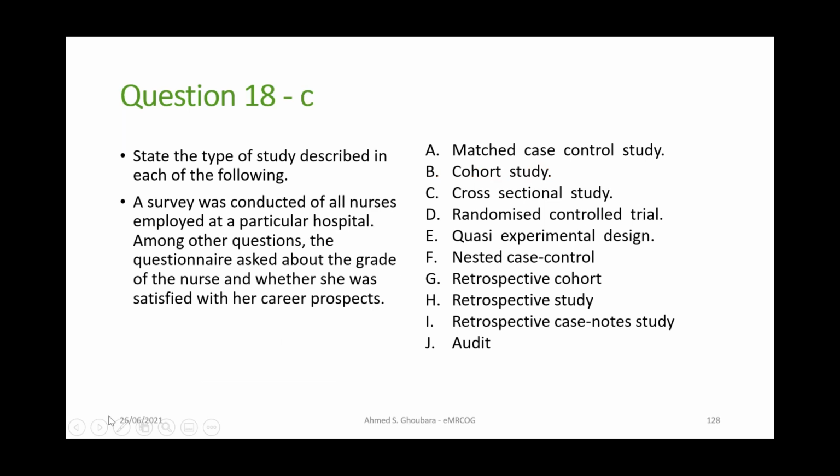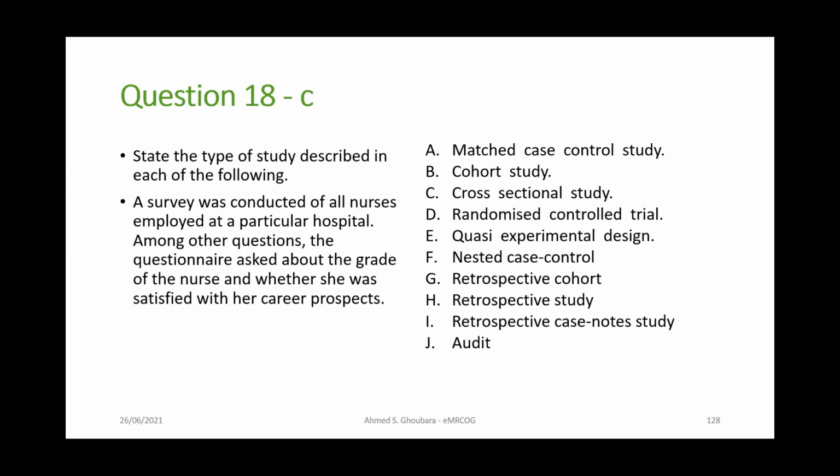Next question. A survey was conducted for all nurses. That's a very good point. You always ask yourself, did I start with exposure or did I start with the outcome? Did I study the effect over time? This is a tricky one, so please read the question properly.